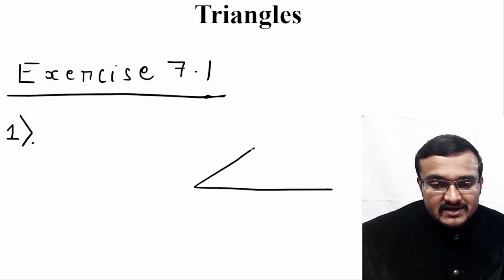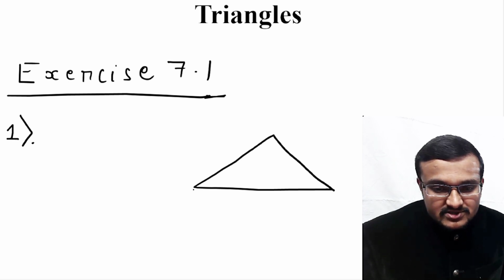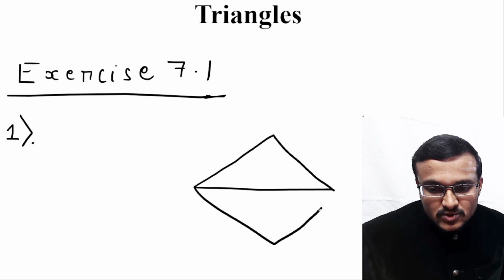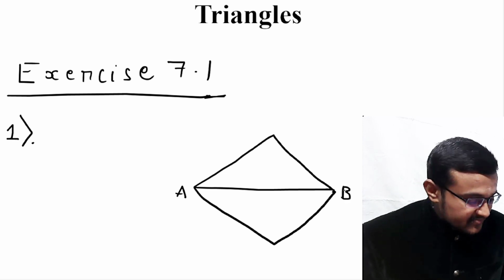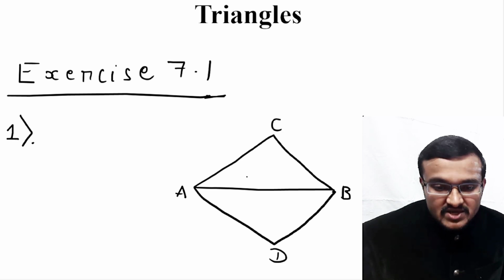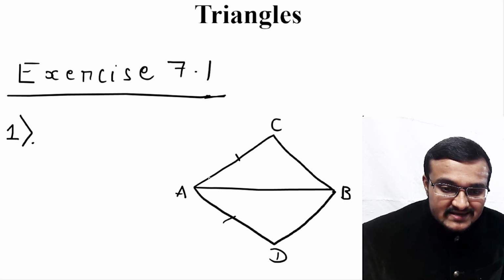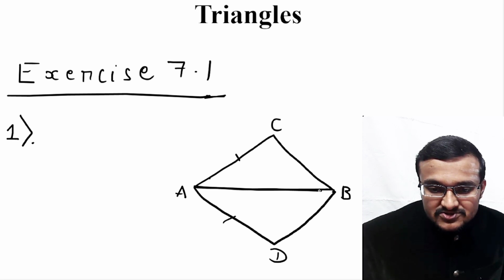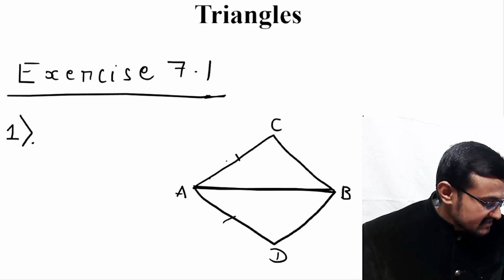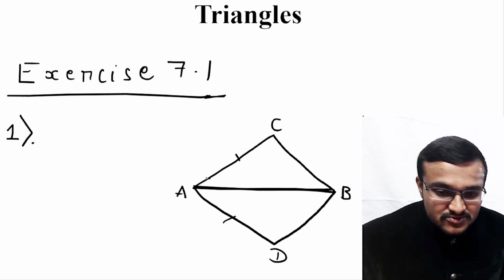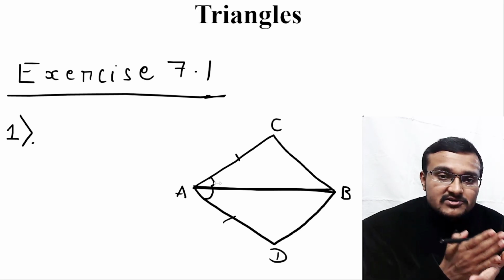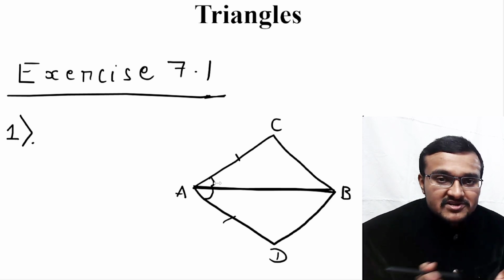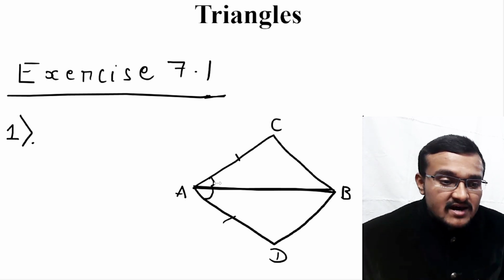In the first question, you have a quadrilateral like this. So let me draw the figure. This point is A, this point is B, this is C, and this is D. The data given here is AC is equal to AD, and they are telling that this AB line is bisecting angle A. That means this angle will be equal to this angle, because whenever you come across the word bisect, it means it is dividing a particular thing into exactly two halves.